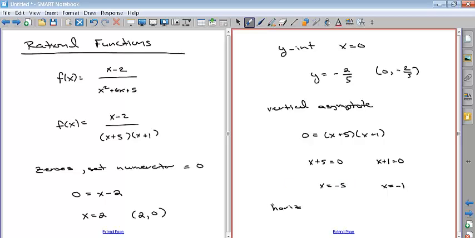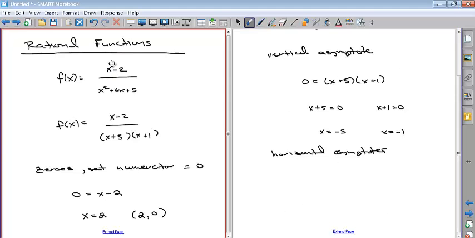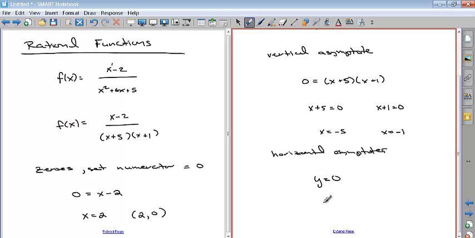And then the horizontal asymptotes. There are rules, and what you do is you look at the highest order term, which is here x to the first power, and here it's x squared. If this exponent is less than that, then the asymptote is 0, y equals 0.